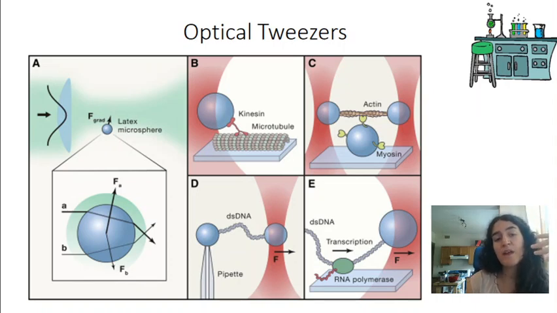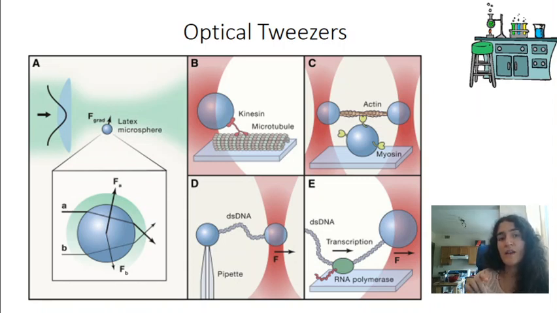It gets trapped because of the way the laser beam interacts with the sphere. But the really useful thing about trapping these plastic spheres is we can attach them to molecules. Here we have a very interesting system, kinesin and microtubules.